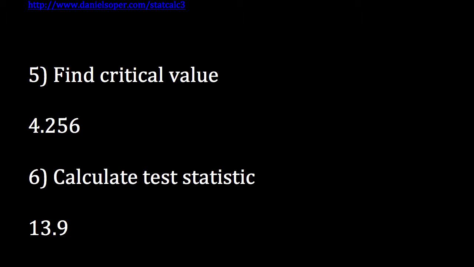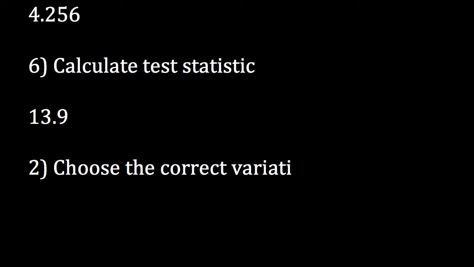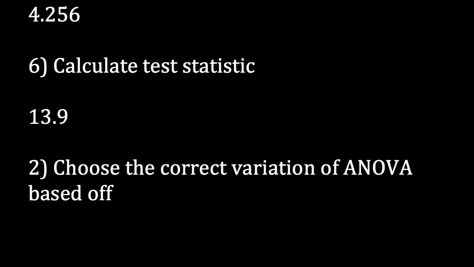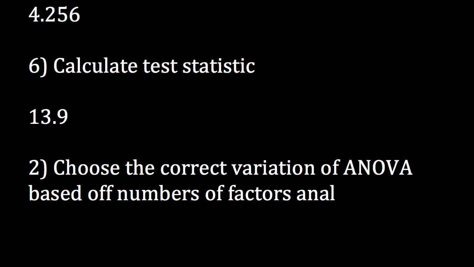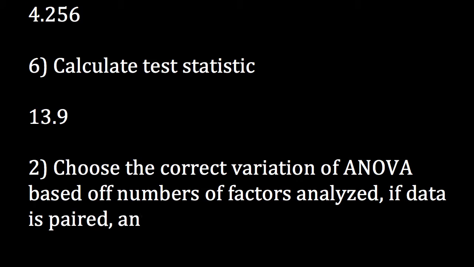This brings us to our second objective, and this is choose the correct variation of ANOVA based off numbers of factors analyzed, if data is paired, and if confounding is present.